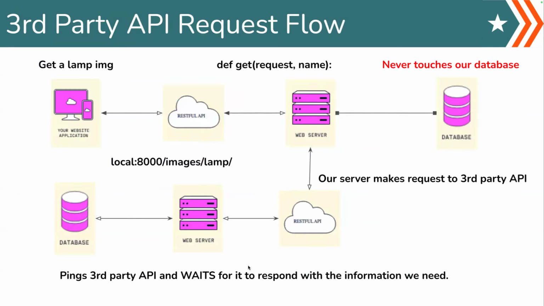So what does the API request flow look like for our Django app? Well, let's say that we're hitting some API and that's going to give us back pictures of stuff, right? And our React app over here, the user clicks on the button that says, hey, give me a lamp.